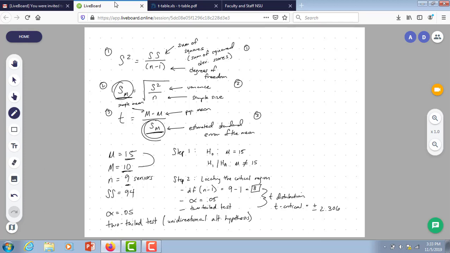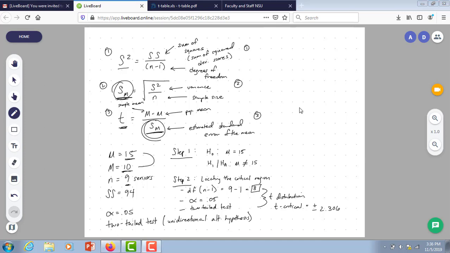Okay, so we did step one, we did step two. Now the next thing that we have to do is work through our steps in order to calculate our variance, our estimated standard error of the mean, and our t.